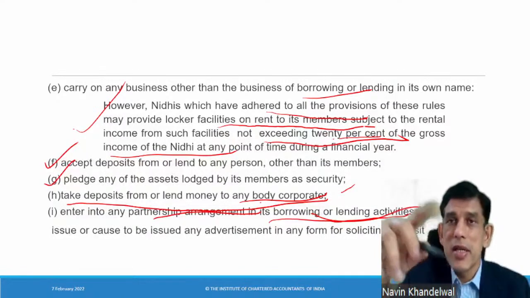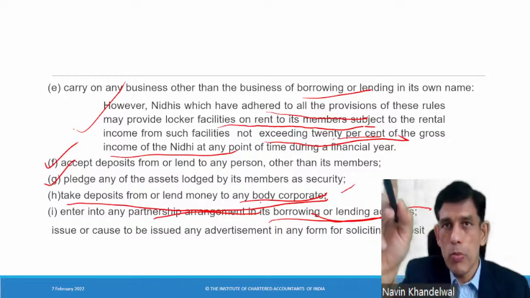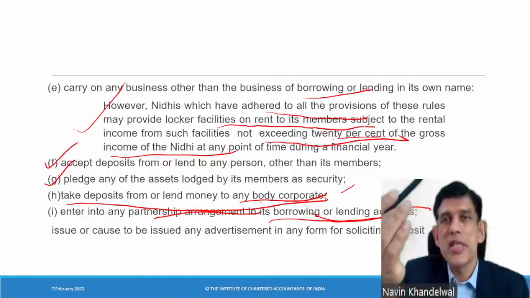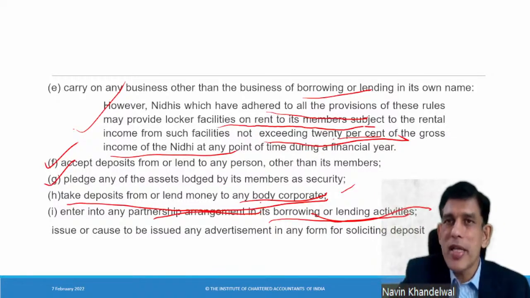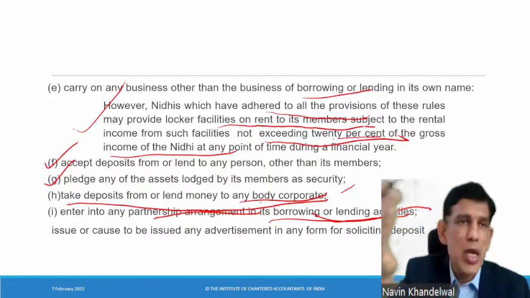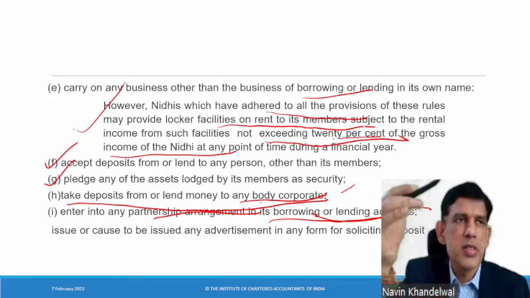That means the Nidhi company has to directly approach its members, prospective members, for receiving deposits and giving loans to them. They cannot have any marketing agency like DSA or any other fintech companies, which have come in large numbers today, to give away loans.